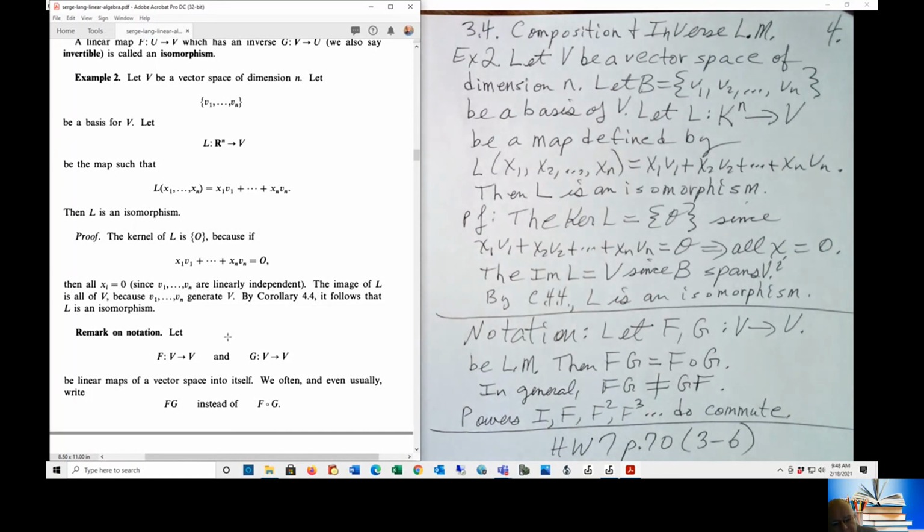Now this example is actually going from Rn to V. So let's look at it. Example 2.